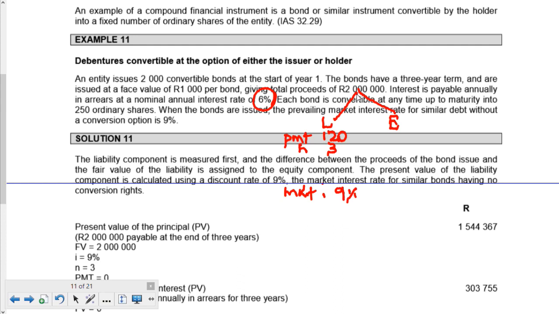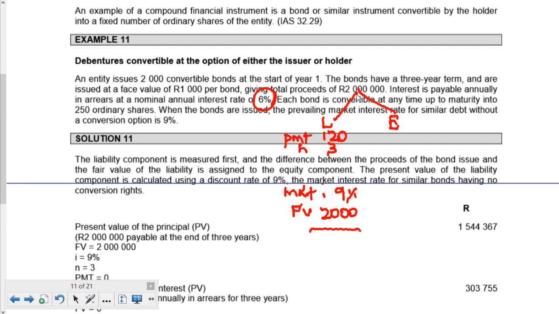It says each bond is convertible at any time, but if it doesn't get converted, then I have to pay the 2 million rand at the end, isn't it? So each bond is convertible at any time into the shares, but if it's not converted, then I'm going to have to pay the 2 million rand back. So I calculate a liability portion. The 120,000 and the 2 million go the same way, isn't it? It's cash out.